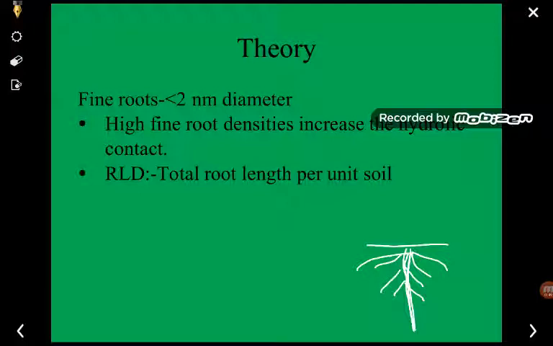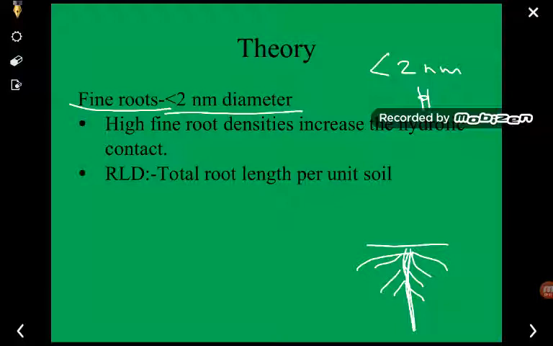Coming to the theory, that is the fine roots. Fine roots are defined as those having a diameter of less than 2 nanometer. Any root having less than 2 nanometer in diameter, we can say that this is a fine root, and these roots are responsible for the uptake of water and nutrients from the soil to the plants.